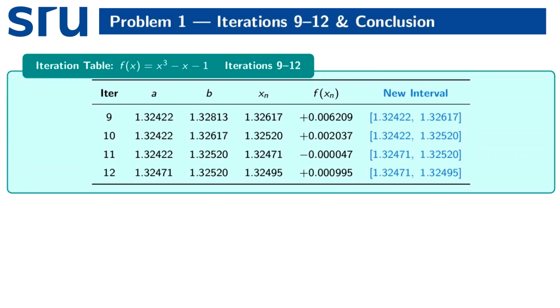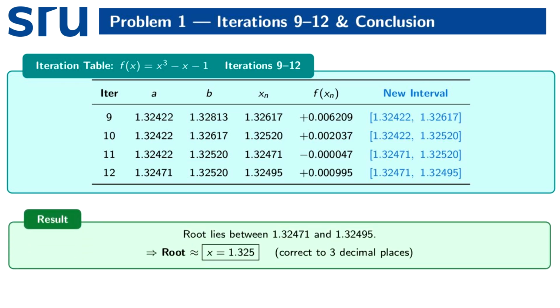So after 12 iterations, you will be able to see that the root actually lies between this interval, that is 1.373247 and 1.32495. So this value is getting repeated till the third decimal place, 324, right?